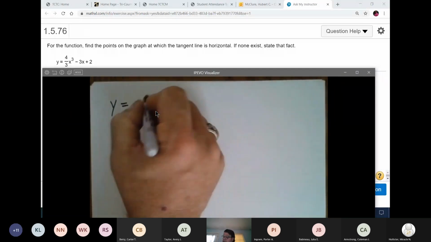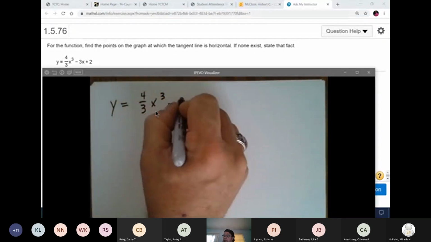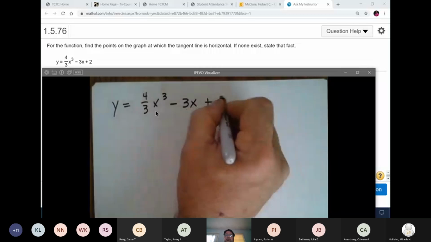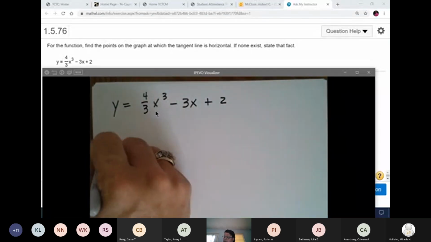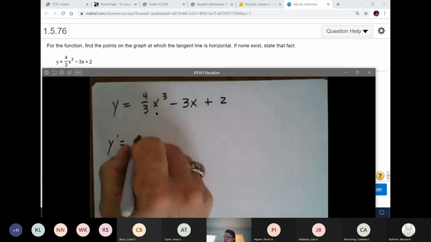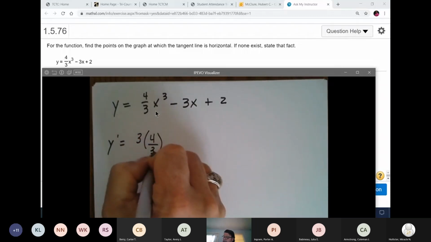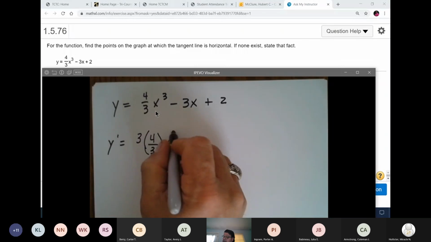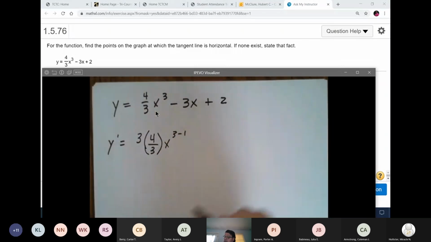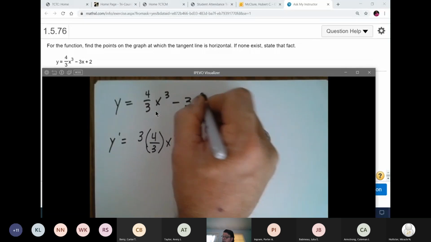Okay. 4/3 x to the third minus 3x plus 2. y prime is equal to 3 times 4/3 x to the 3 minus 1, minus that 1 right here will come out front.